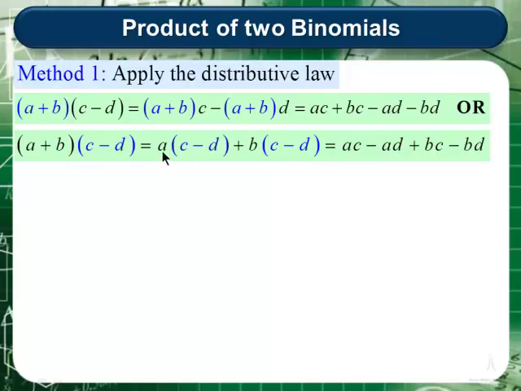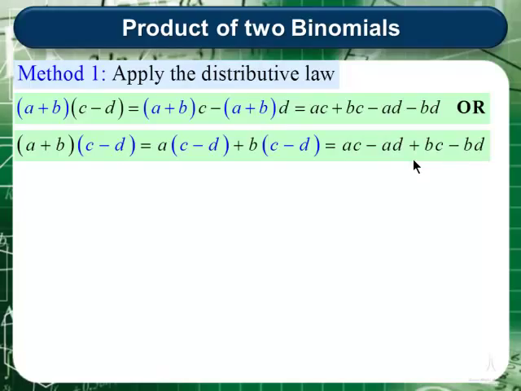And then we apply again the distributive law, multiplying the monomial a into c minus d as well as the monomial b into c minus d in this case. And then we have the expression as you can see on the screen. So that is one way of multiplying two binomials, by using the distributive law twice.